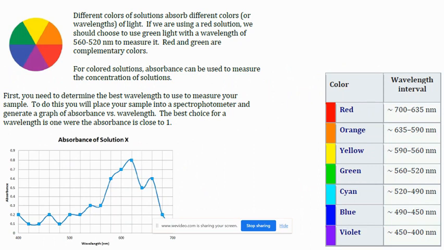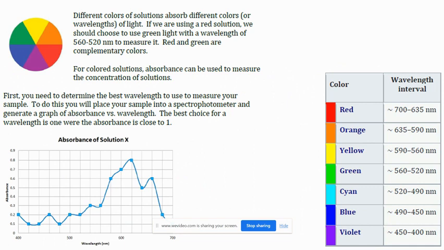So the way that this works is you are looking for what is getting absorbed. Okay. So what you see coming when you look at that solution is you see blue. What's happening with the wavelengths with that blue? It's getting reflected, right?